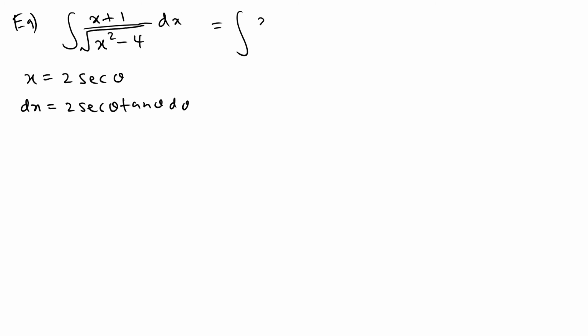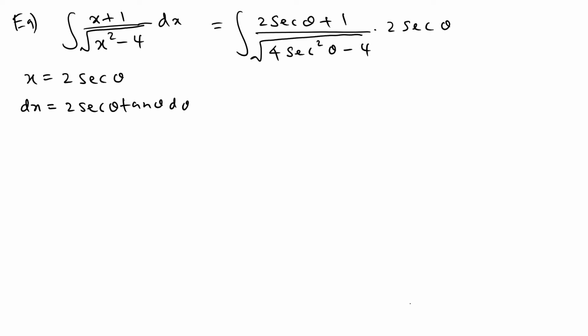So x, which is 2 secant theta plus 1, over the square root of 4 secant squared theta minus 4, and then dx, which is 2 secant theta tan theta d theta. Let's simplify this. It is 2 secant theta plus 1 divided by, and you can see 4 is a common factor, take it out, and under the square root it becomes 2.